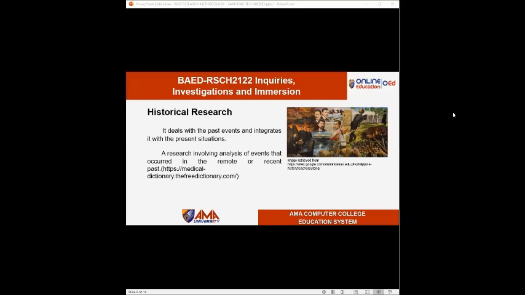Ang ginagawa dito ay pag-aaral ito ng history ng nakaraan. So ang ginagawa ng researchers dito, nakarely sila sa mga historical data katulad ng official documents, personal records, pwede rin yung mga pagbabasa ng textbooks, newspapers, and encyclopedias.